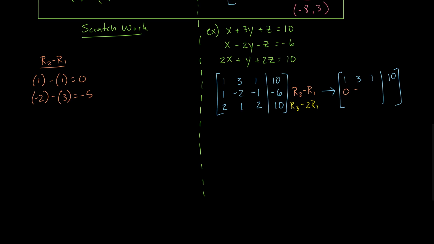So negative 5 goes here. And what is the z value of row 2, minus the z value of row 1? What is negative 1 minus 1? Negative 2. And the constant, negative 6 of the second row minus the constant of the first, which is 10. Negative 16. Good. Whew. We want to get ones on all the diagonals.